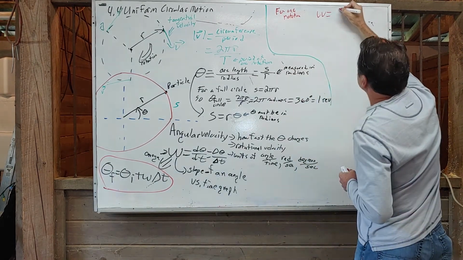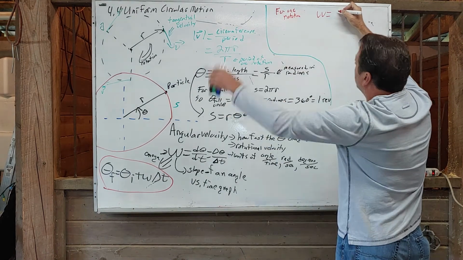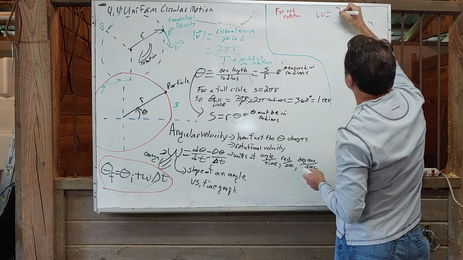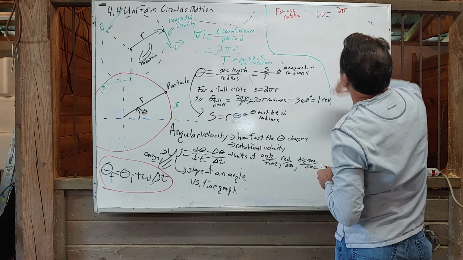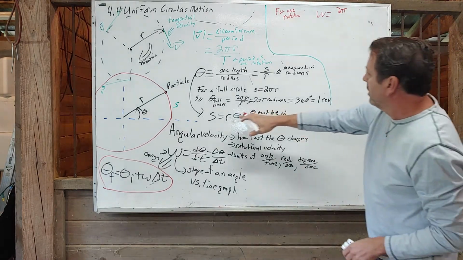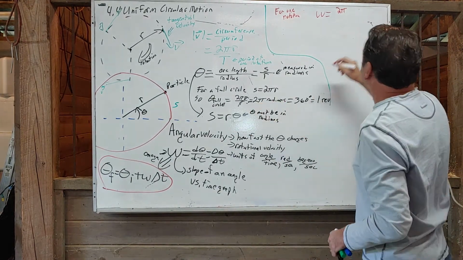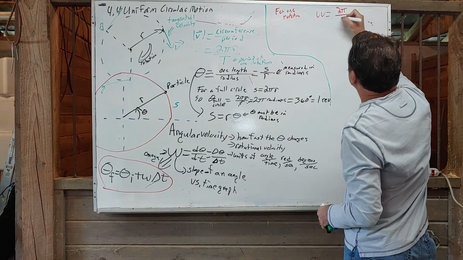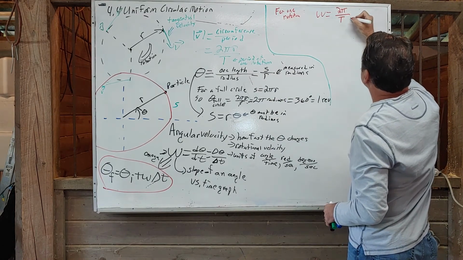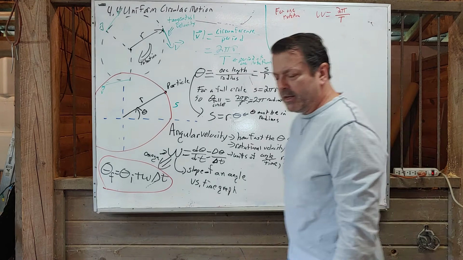The angular velocity would be how far it went around, 2 pi angle, because we said one full circle was 2 pi radians, over the period. 2 pi radians over the period.